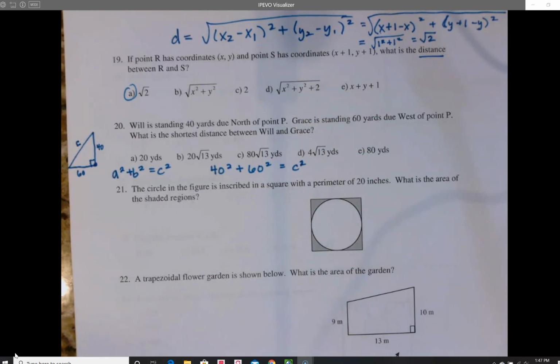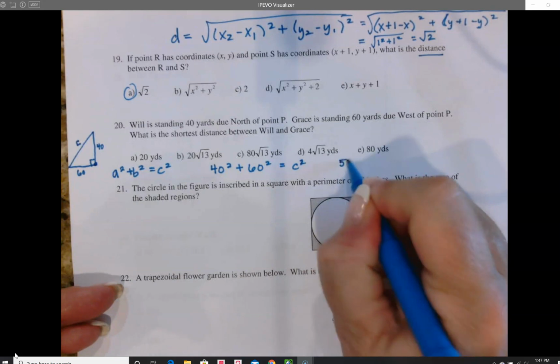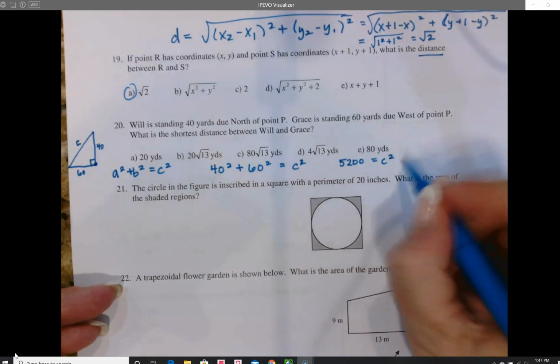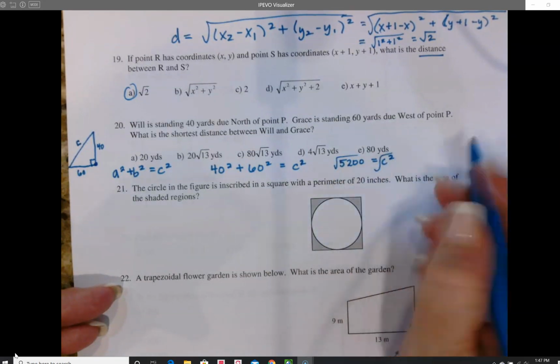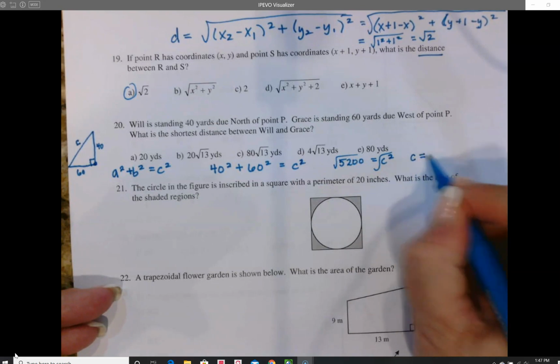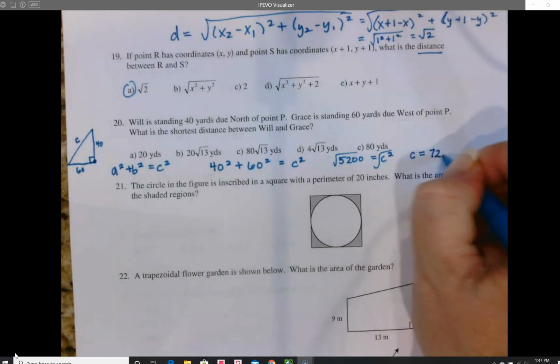So let me get my calculator out. So that's 5200. So 5200 is c squared. So when I square root both sides to find what c is, and I do the square root of 5200, I get a decimal. And the decimal I get is 72.111.